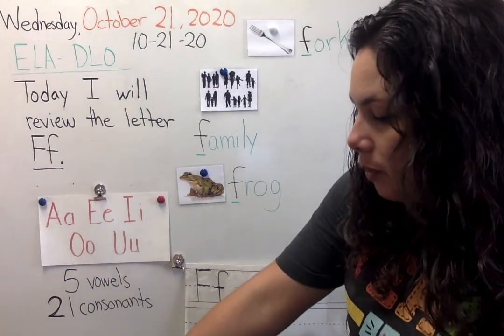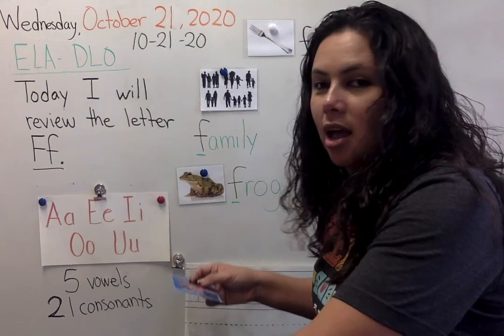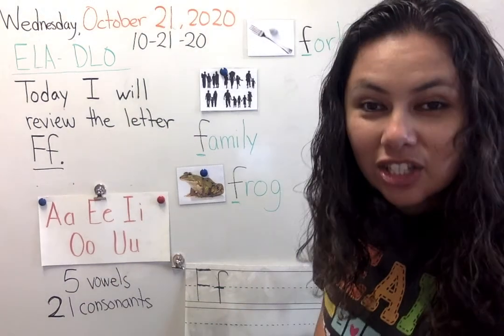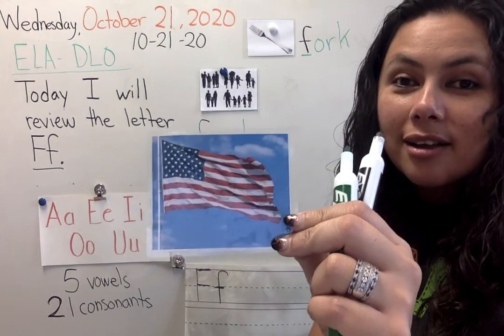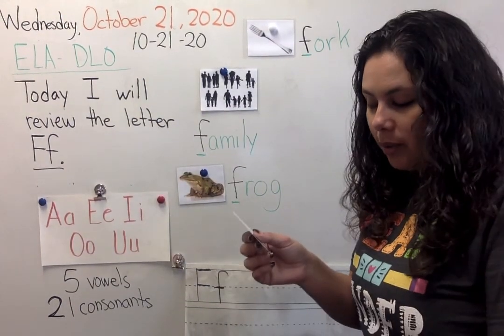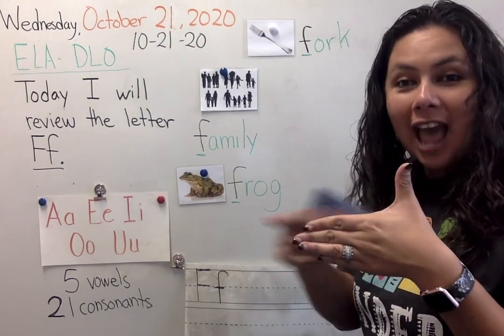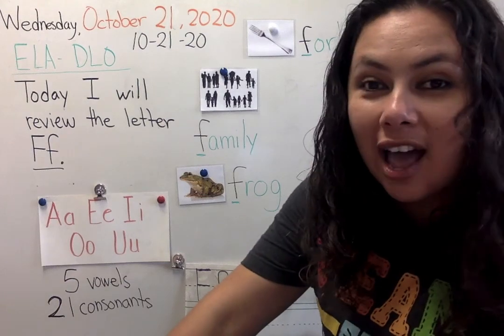Let's see what other ones we can find in our little bucket. Oh, this one. We've recently, everybody's learned about this one, right? It's a flag. So I would go flag, flag. And I love our flag, right?